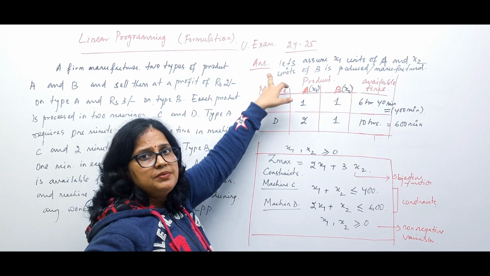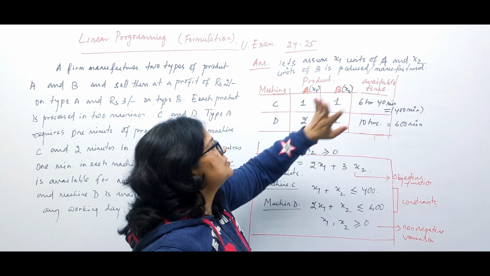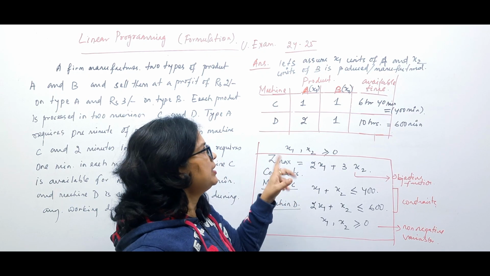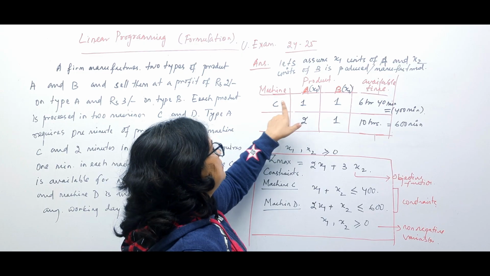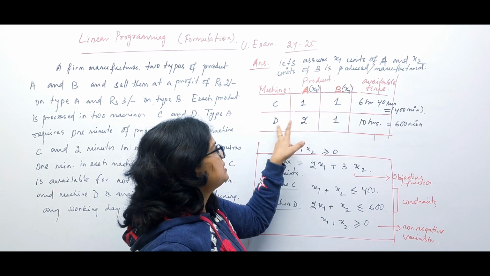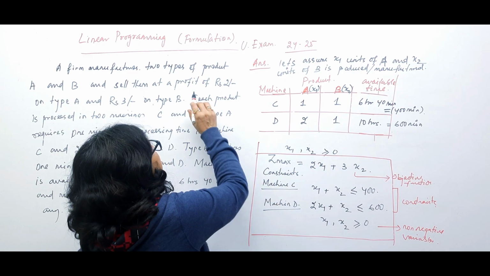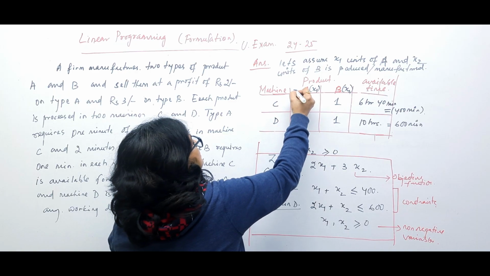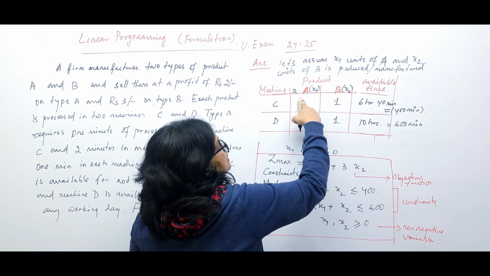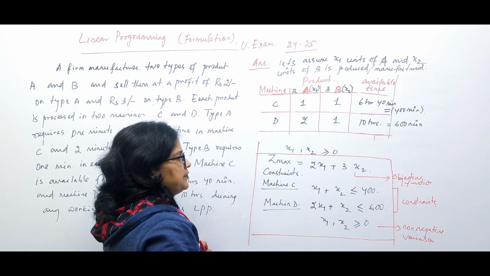The first step is to find the decision variables x1, x2, which we have taken as the number of units to be produced or manufactured. Here machine C is used for 400 minutes and machine D for 600 minutes. And the profit is mentioned here: for product A it is 2 rupees and for product B it is 3 rupees.